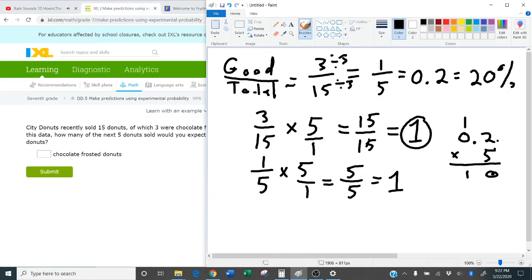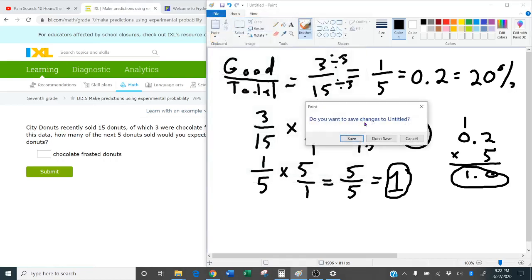And then we have 1 space here, so 1 space over here also. Again, I get 1.0, or just 1. So no matter which value I use here, as long as I take that probability and multiply it by the number of attempts, then I get my prediction. So I predict that out of the next 5 donuts, one of them will be a chocolate frosted donut.